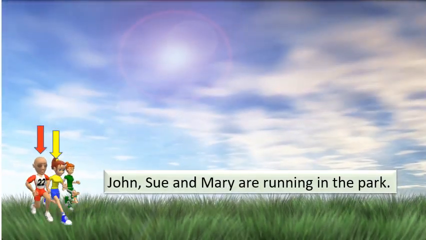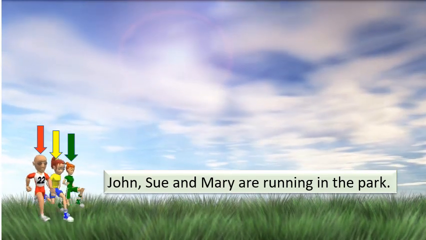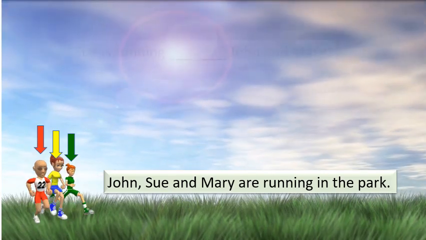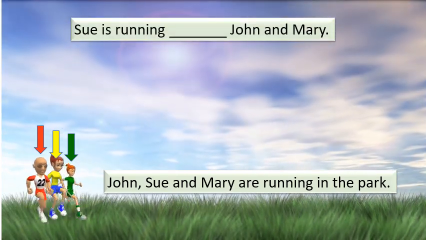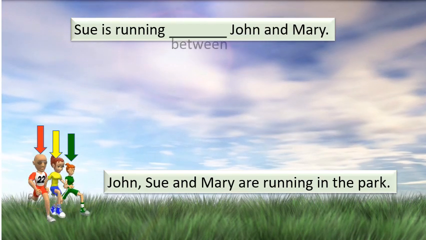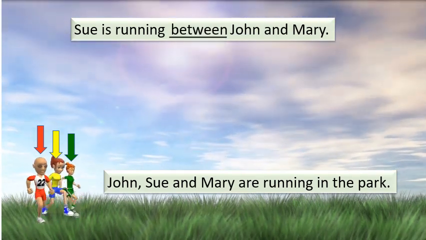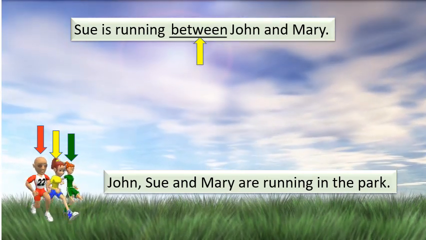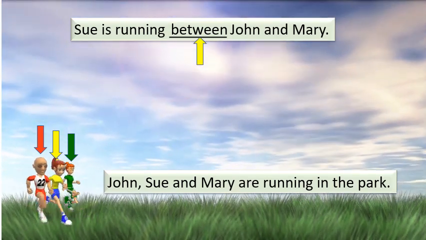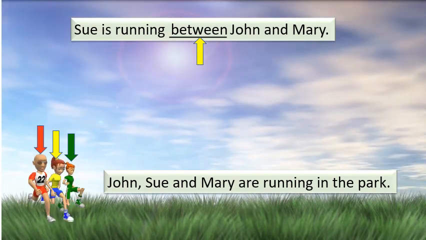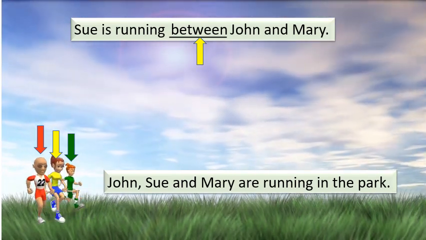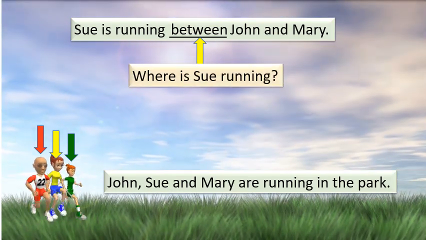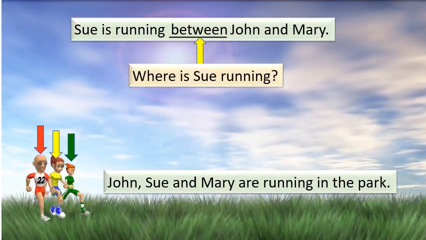John, Sue, and Mary are running in the park. Sue is running between John and Mary. The answer, between John and Mary. What's the question? Where is Sue running?